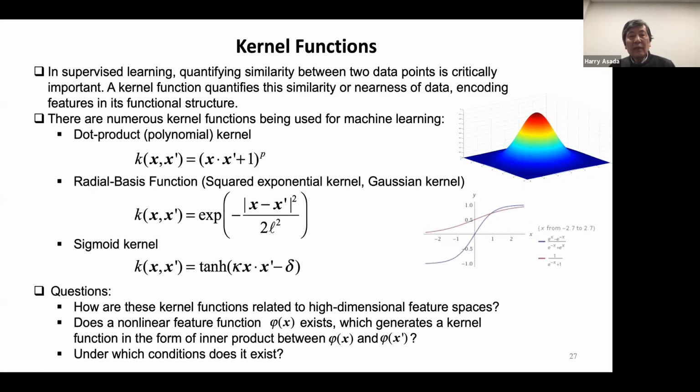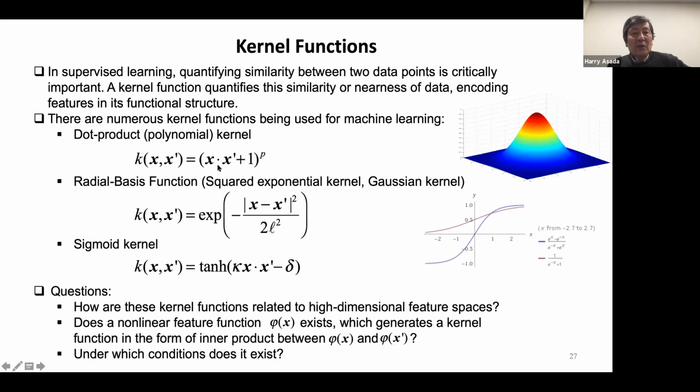In general, in any type of supervised learning, quantifying the similarity between two data points, how close they are, is critically important. So the kernel function quantifies this similarity or nearness of data, encoding some features in its functional structure.